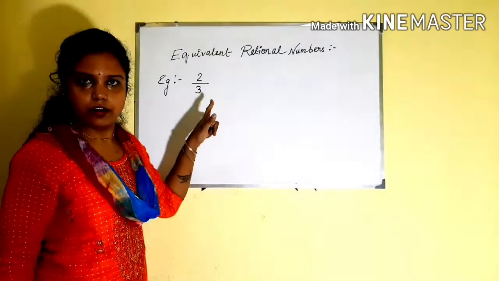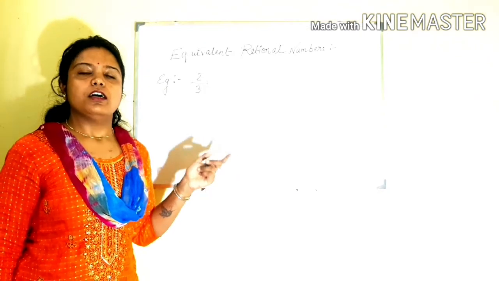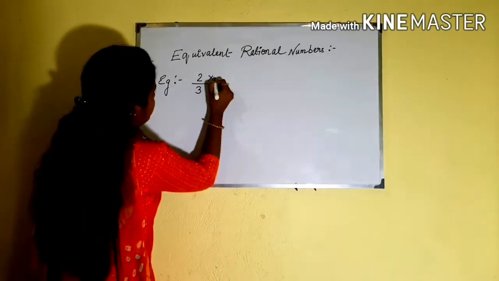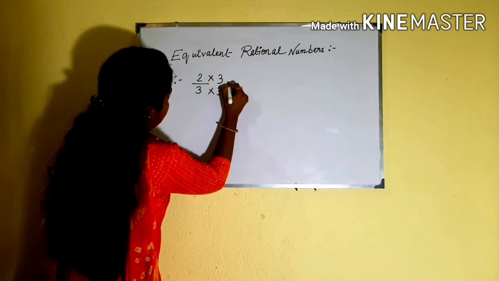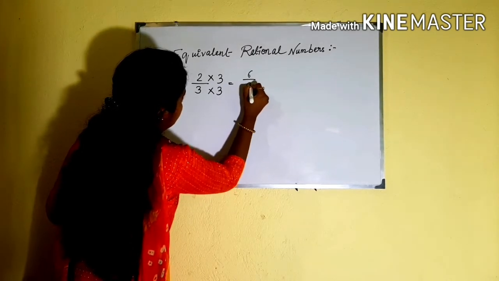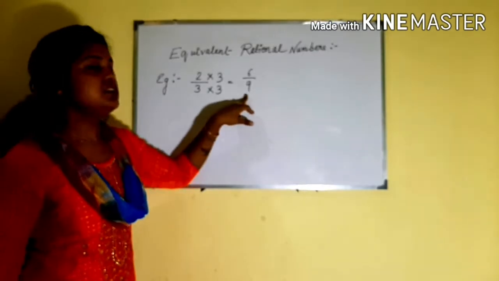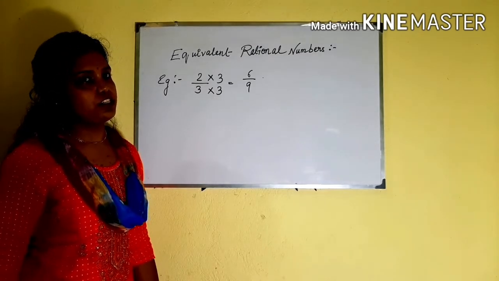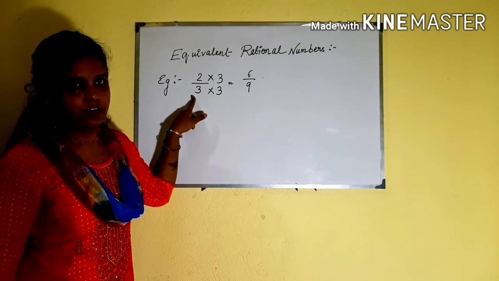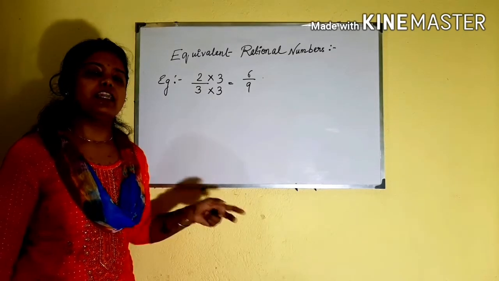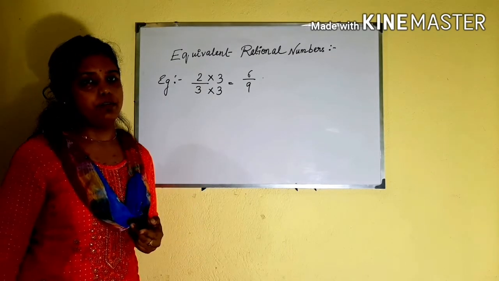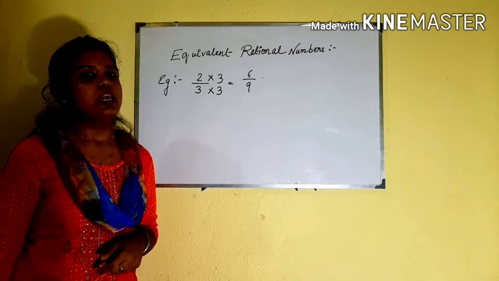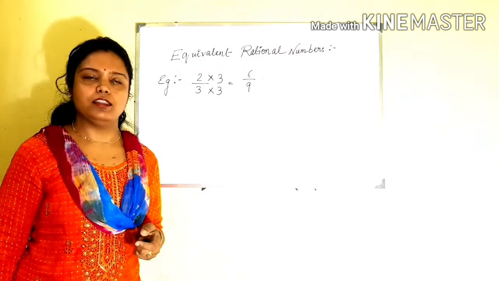2 by 3 is a rational number. Let us multiply 3 with the numerator and the denominator. The answer that we get is 6 by 9, which is again an equivalent rational number of 2 by 3. Consecutively, we can get many other equivalent rational numbers on multiplying with different non-zero integers, both in the numerator and in the denominator.